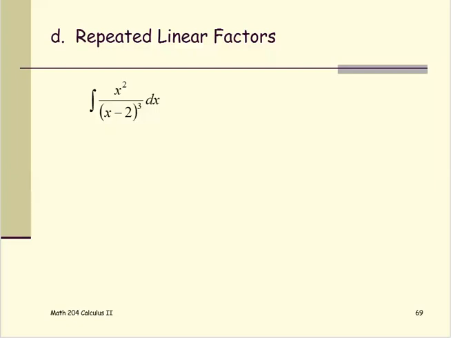For this case, the integral of x squared divided by quantity x minus 2 to the third power. This one is considered a linear factor with the power 3, that means your m is 3.